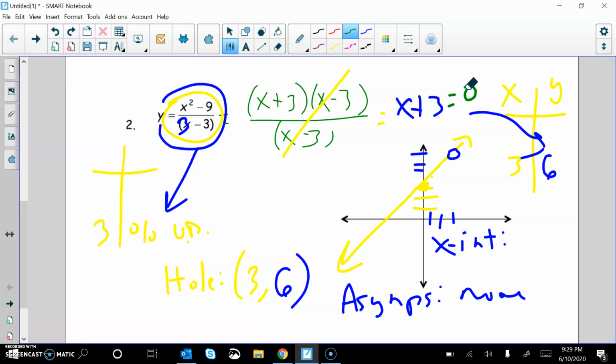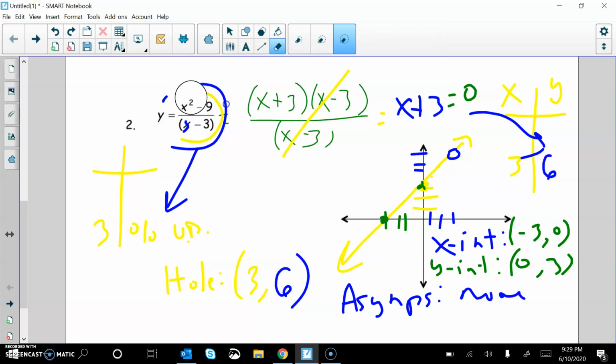So it occurs when x is -3. That's right there. Y-intercept, plug in 0, that occurs at 3, which we already have. And that one's done. We have all the characteristics that we need. Asymptotes, intercepts, holes if they exist.